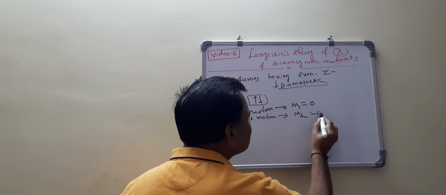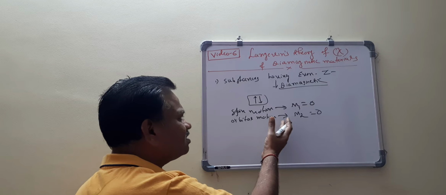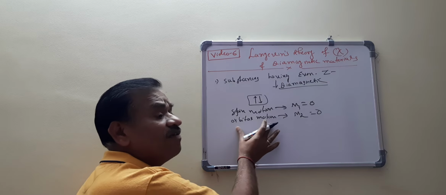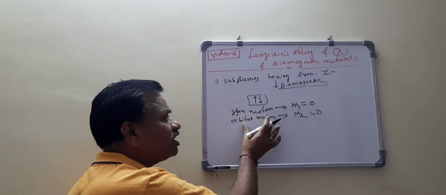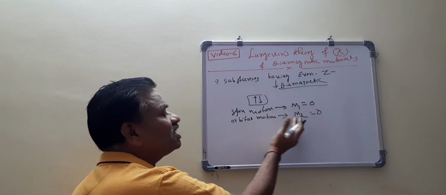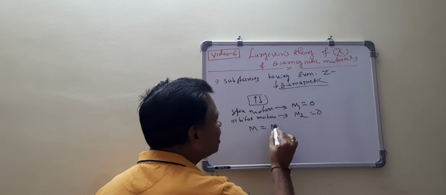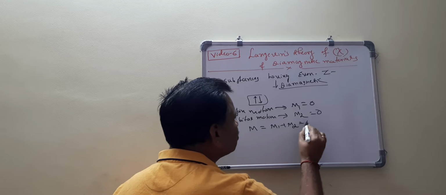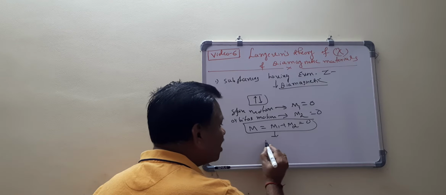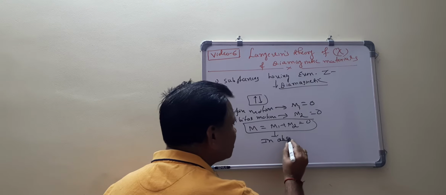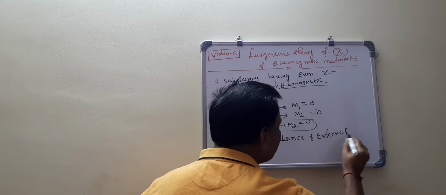This m2 is also 0, or in some cases a very minimal value. The magnetic moment due to orbital motion is very low, so almost m2 is equal to 0. That means the net magnetic moment m1 plus m2 equals 0. This is the situation in the absence of an external magnetic field.